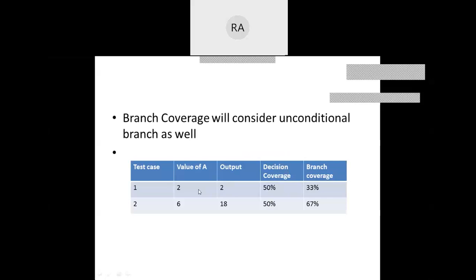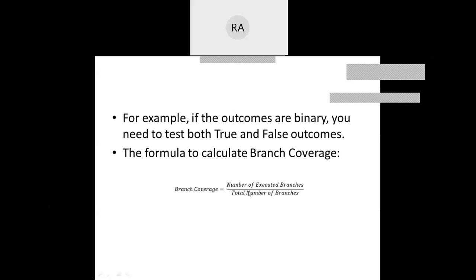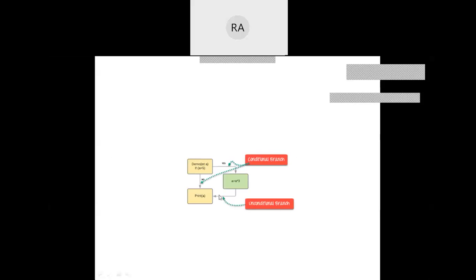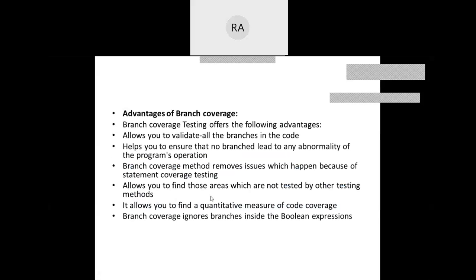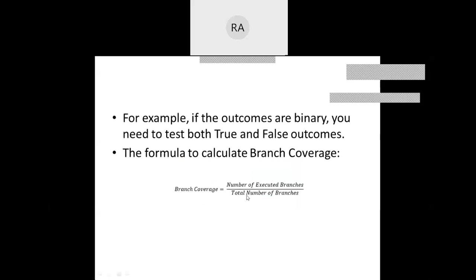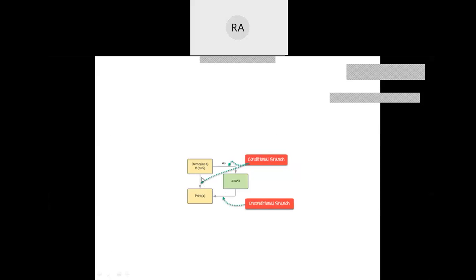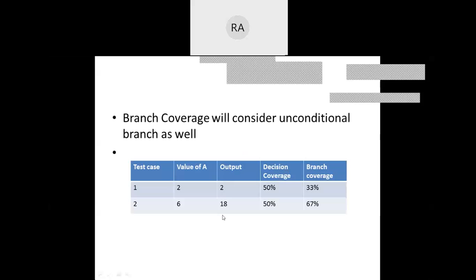As per the formula, number of executed branches out of total number of branches. How many branches are there? 1, 2, 3. You are going to consider even unconditional branches. That is 1 divided by 3, which is equivalent to 33%. That's why it is 33%.